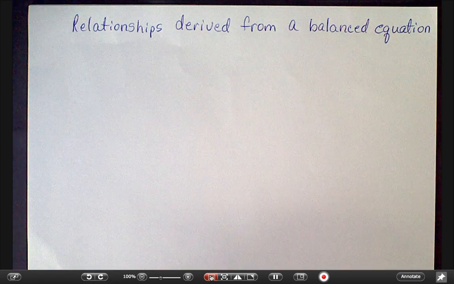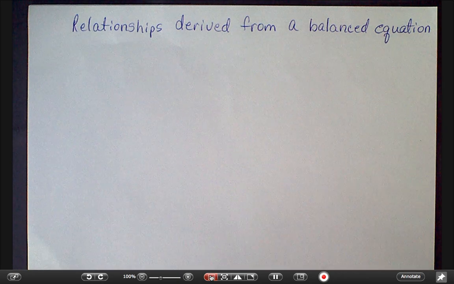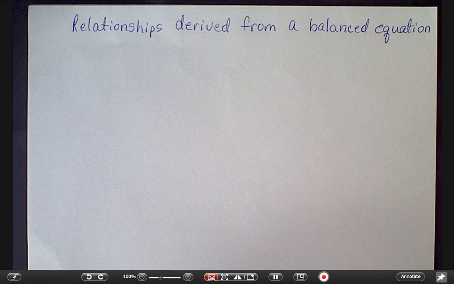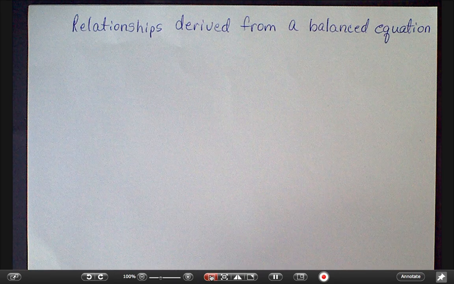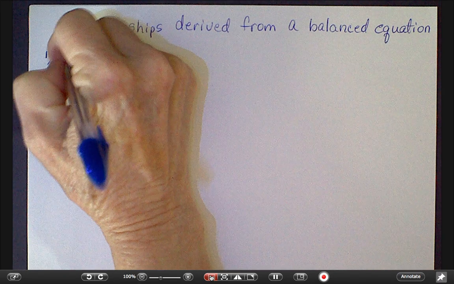Relationships derived from a balanced equation. So this is just to clue you in. There are 6 relationships that you can see from a balanced equation. So, what are they? First one, a word equation.